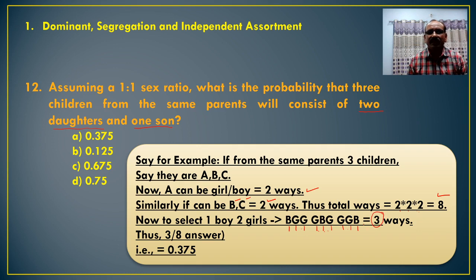Thus the answer becomes 3 out of 8, or 3 by 8, and on mathematical calculation the answer is 0.375. Hence the probability of this parent having 2 daughters and 1 son is 0.375.